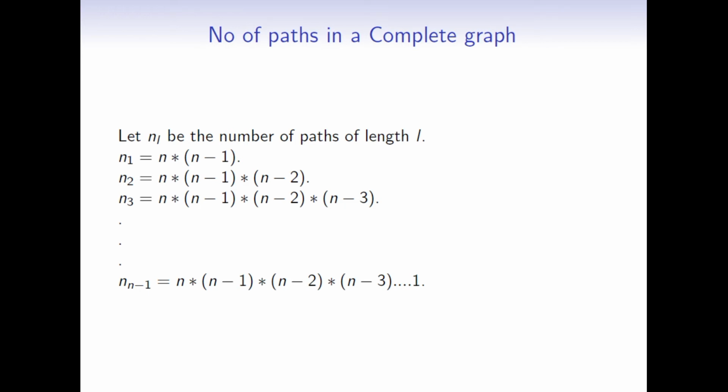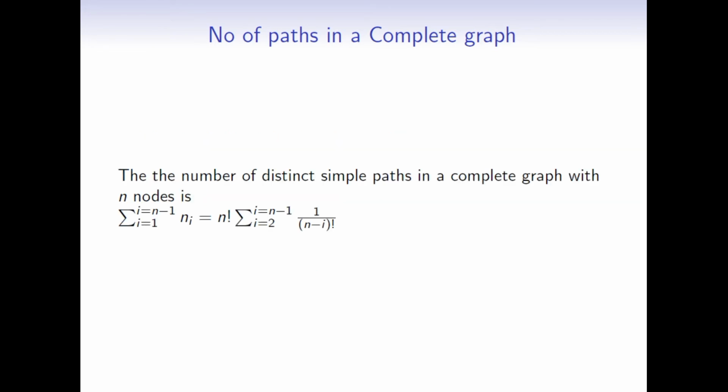If I take any simple path, then the length has to be some L, where L is between 1 and n. So the number of paths in the complete graph is equal to the sum of all these N of L's. The total number of distinct simple paths in the complete graph with n nodes is equal to the summation of N of i, for i going from 1 to n minus 1.